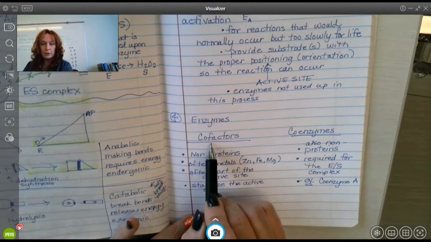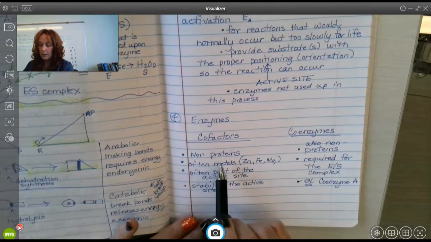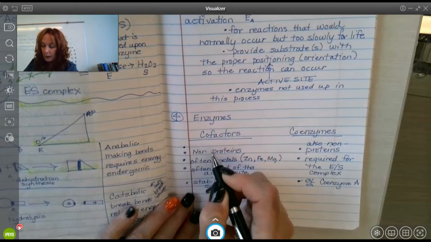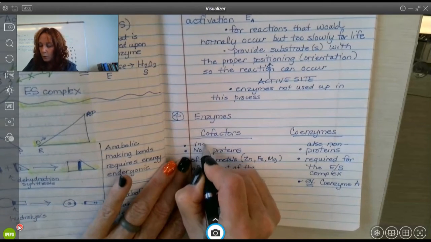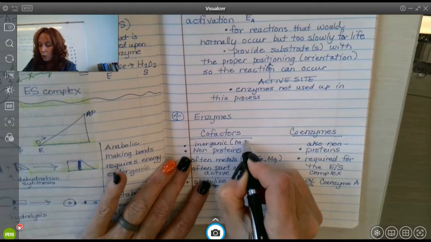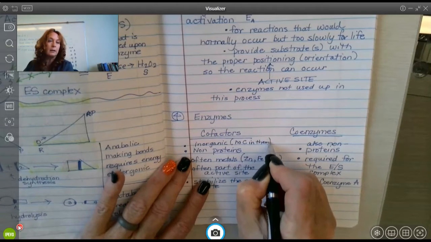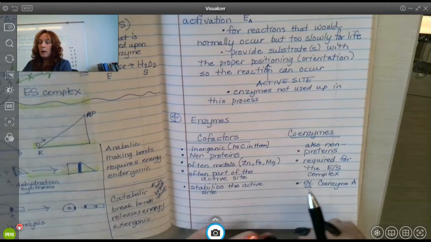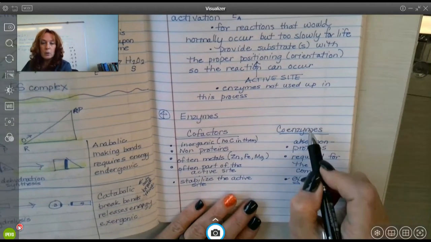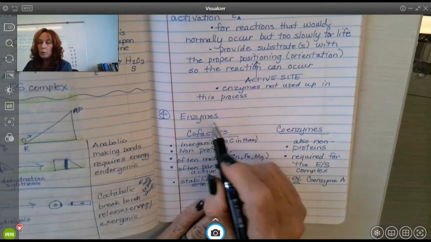They're cofactors. They're not just non-proteins. To be more specific, they're inorganic, which means they have no carbon in them. Well, that makes sense because zinc is zinc, right? Now, there's also a partner with enzymes called coenzymes.